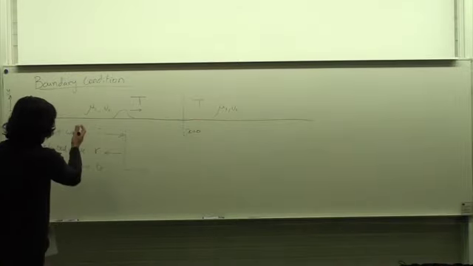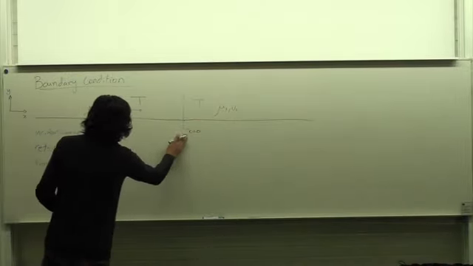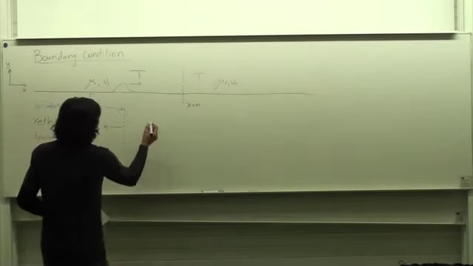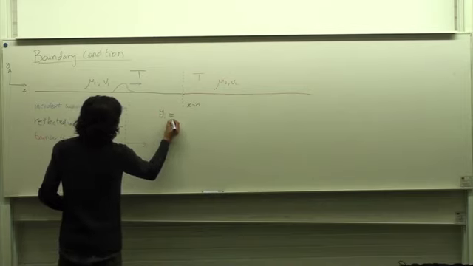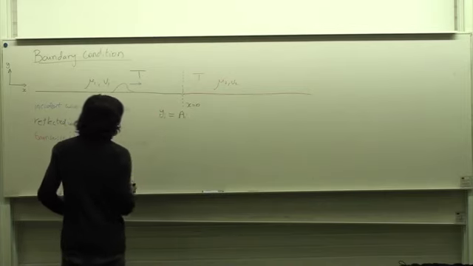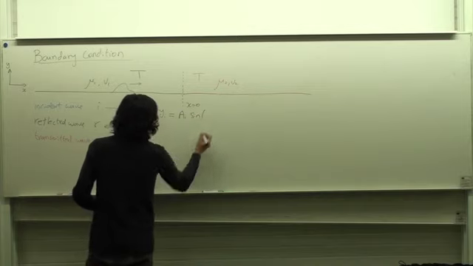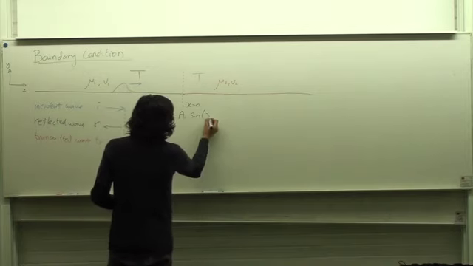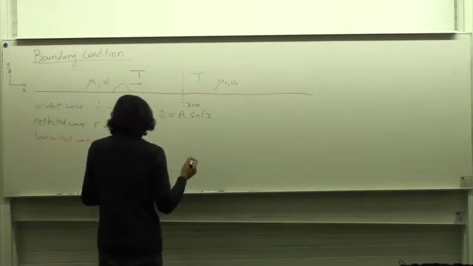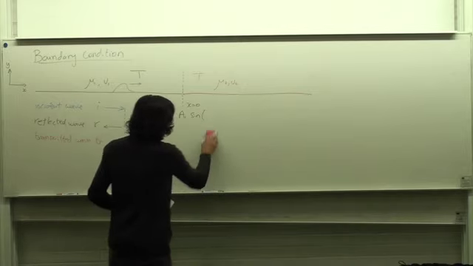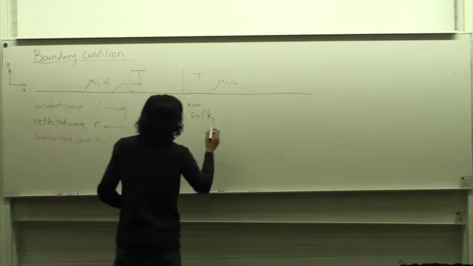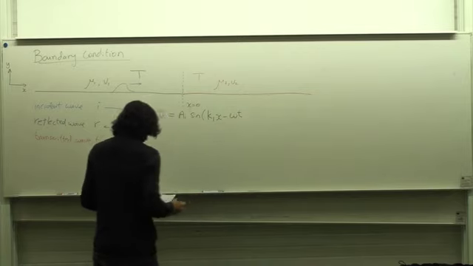Now let's describe these three waves. For the incident wave, I can write y_i equals some amplitude A_i times sine of k, the wave number, that would be k1 for this side, times x minus omega t.